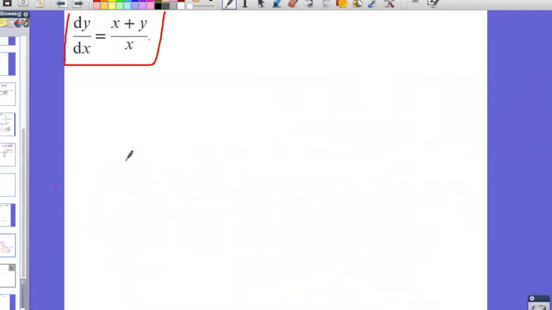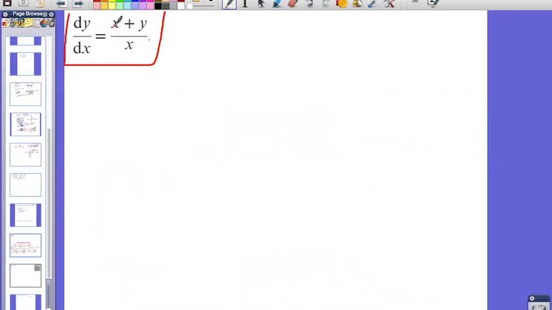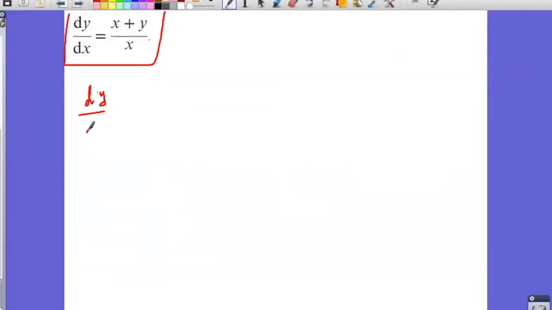We have dy dx equal x plus y over x. We can write this as dy dx equal 1 plus y over x, correct?